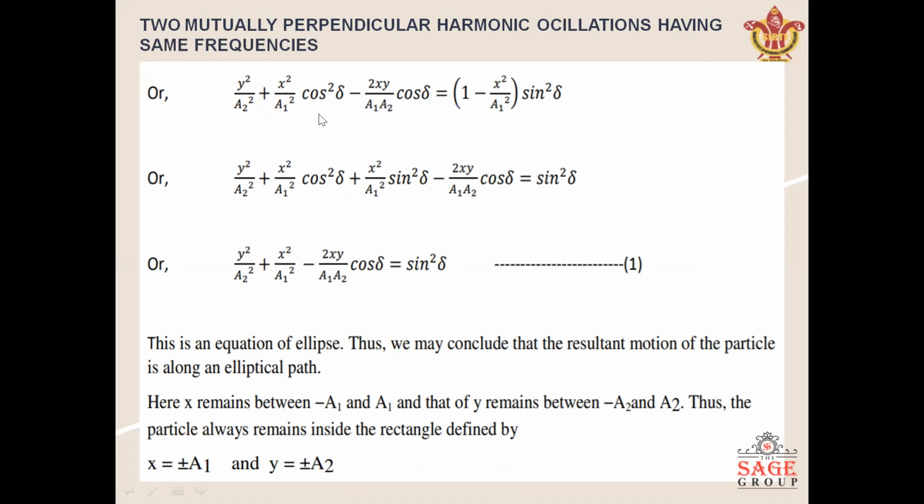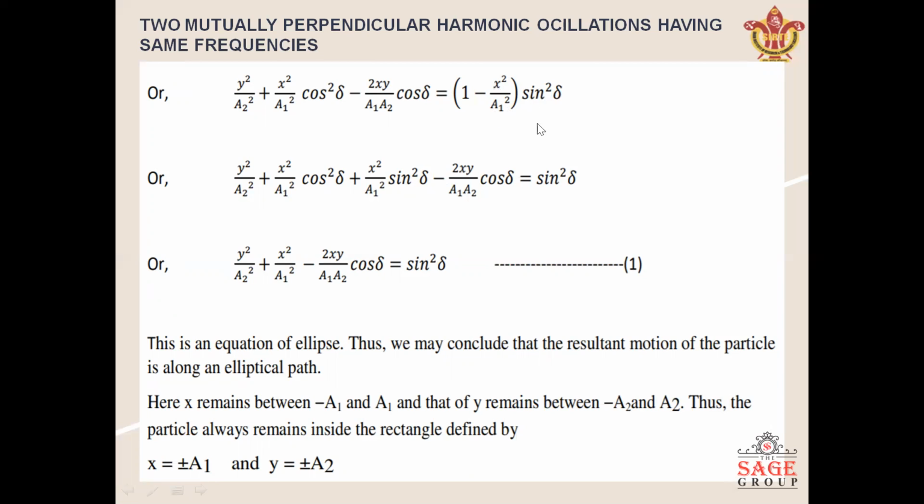So we can get another term, that is y square upon a1 square a2 square plus x square upon a1 square into cos square delta minus 2xy a1 a2 cos delta is equal to, now there is a root, so the root can be cancelled and we get the square of sine. So 1 minus x square upon a1 square sine square delta.